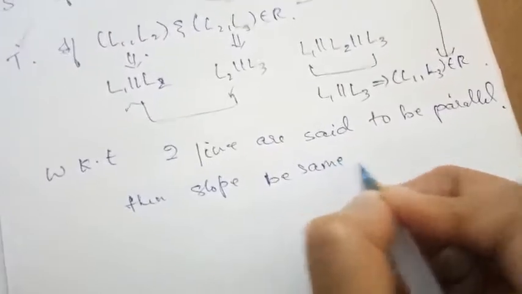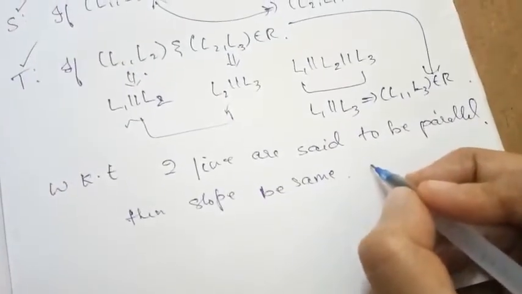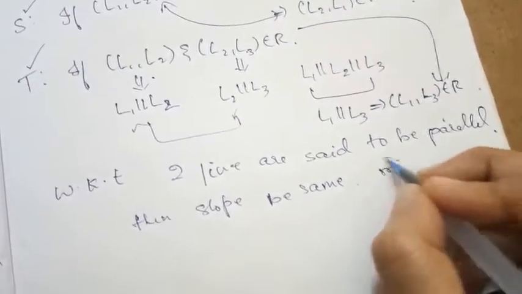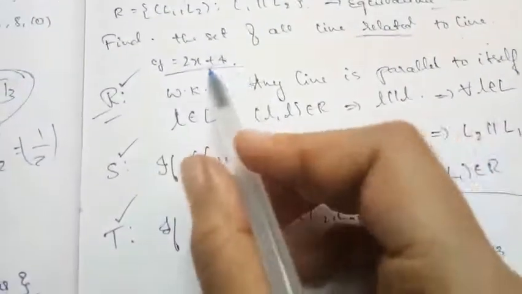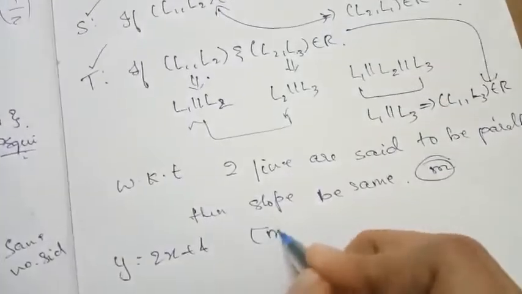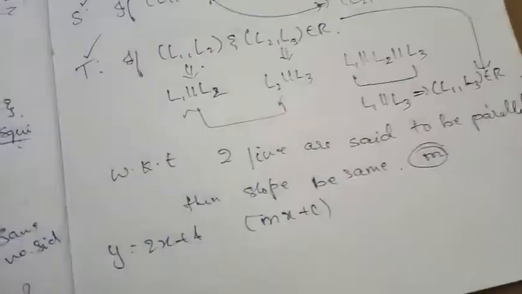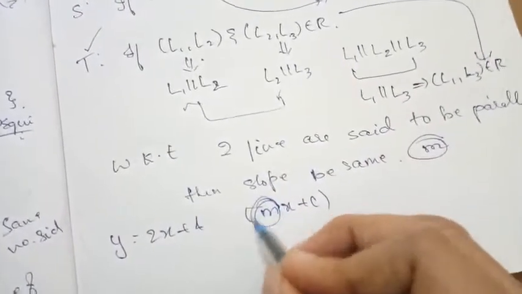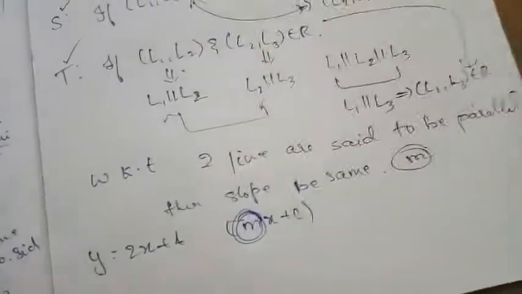It should have the same slope, which we represent by m. So this m must be equal. Here the given line y equals 2x plus 4 is in the form mx plus c. So the slope is this one, and this must be the same for the set of all those lines.